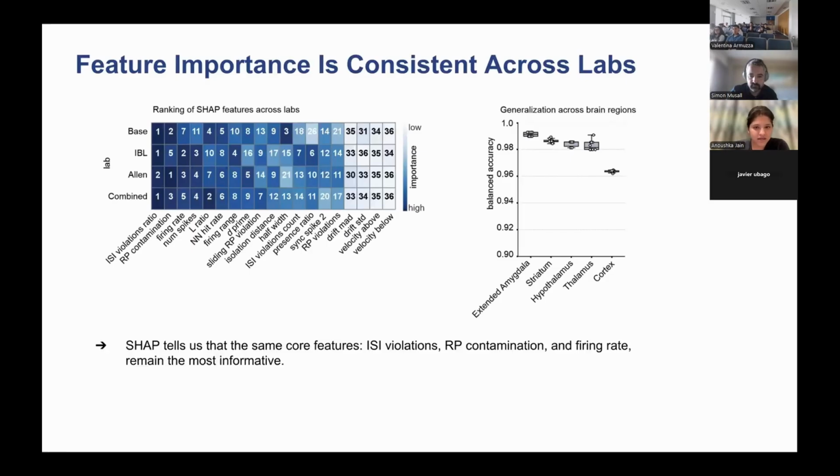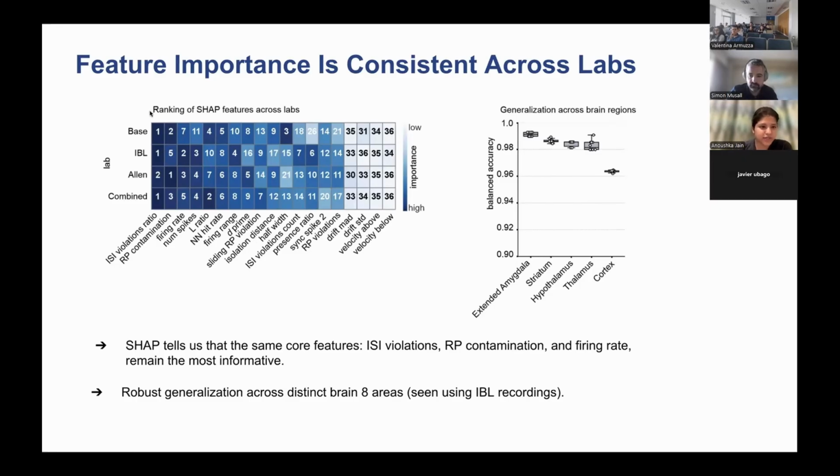Another thing that we wanted to see is whether it generalizes across different brain regions. So here again we did a leave-one-out cross validation, and we saw that for the Allen dataset, if we have a model trained on all these 4 regions and we want to predict on cortex, it also performs really well. And these are the SHAP rankings.